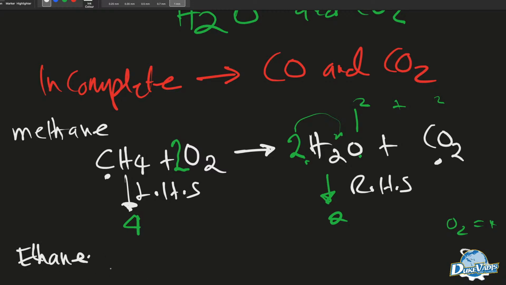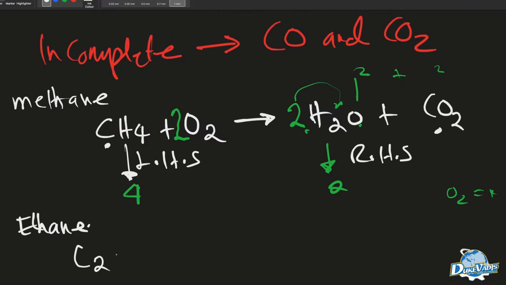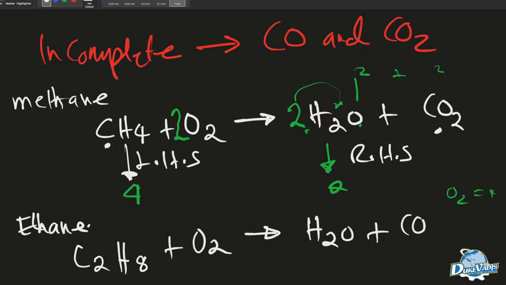That one will be C2 H2n+2, plus oxygen, and that will give us also water plus carbon dioxide, because we have an excessive amount of oxygen, and this excessive amount of oxygen will help us to produce water and carbon dioxide. Okay, how do we balance this reaction?